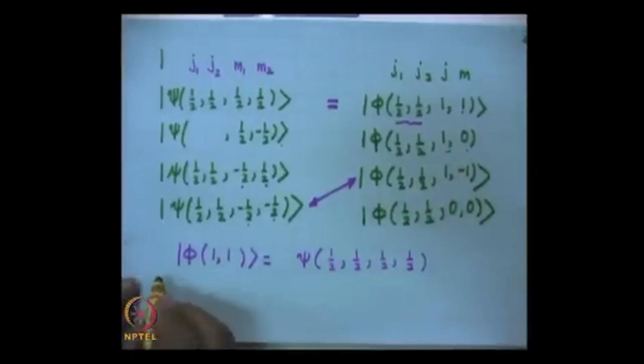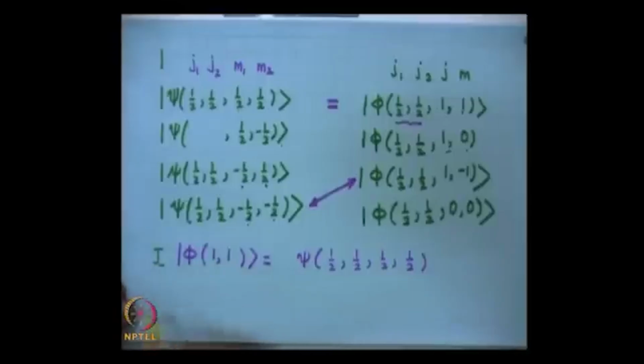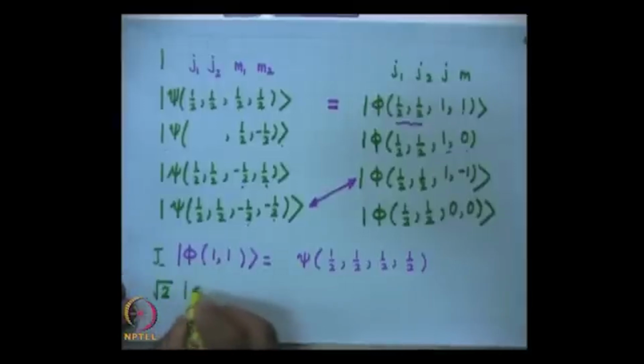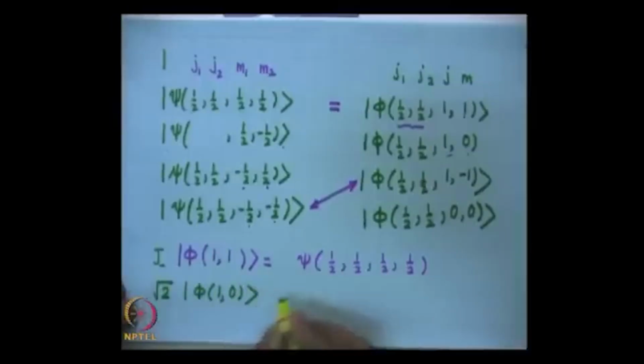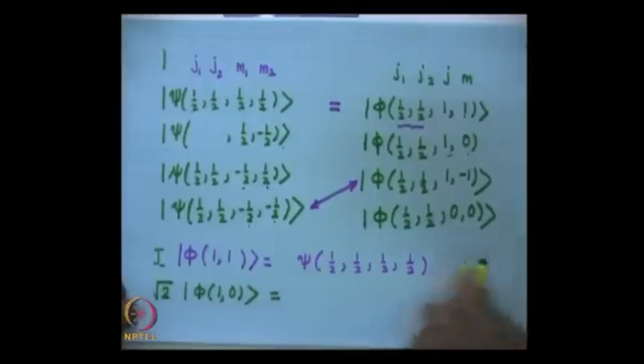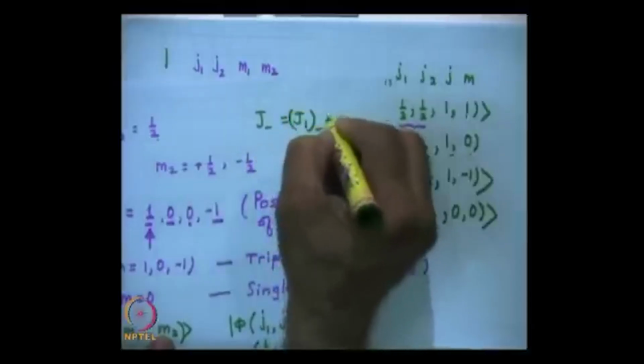So, what I do is operate this by j minus. So, j minus will be under root of j plus m, so j plus m will be under root of 2 and j minus m plus 1, that is 1. So, this will be phi 1 comma 0 is equal to j minus operator, which will be j 1 minus plus j 2 minus.